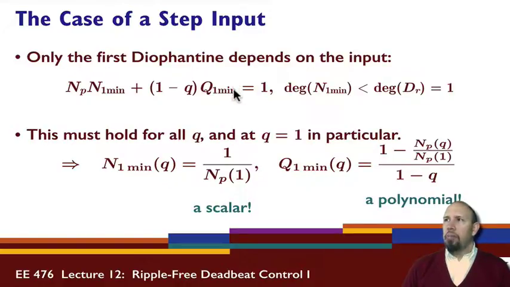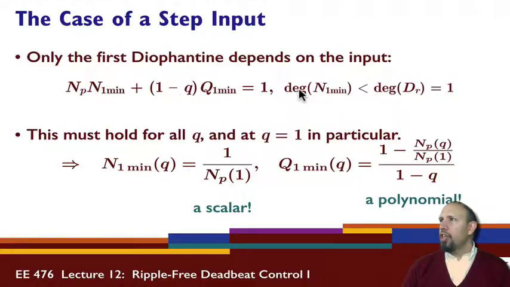In particular, it must hold at q equals 1. So when q is equal to 1, this term goes away, and n1 min of q is given by this expression. So notice n1 min needs to satisfy this condition.